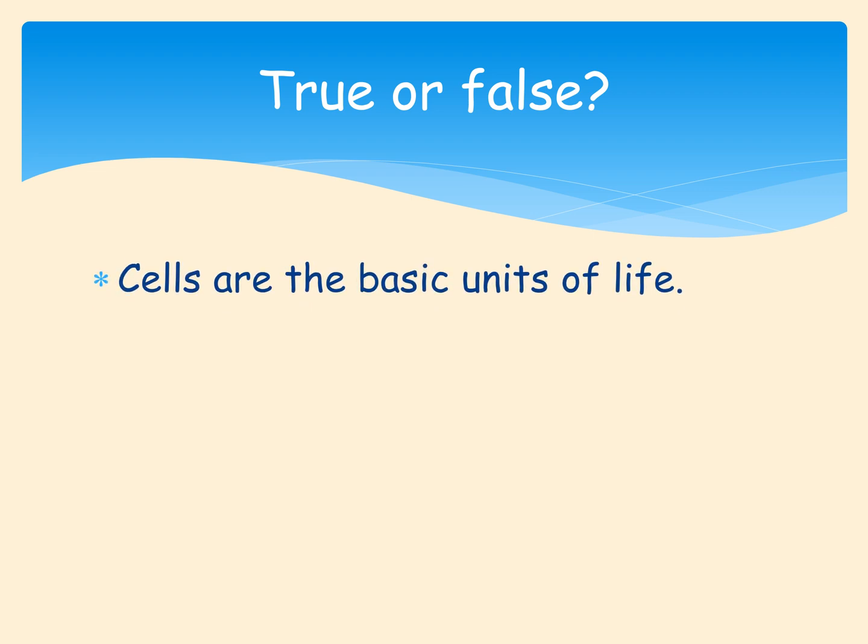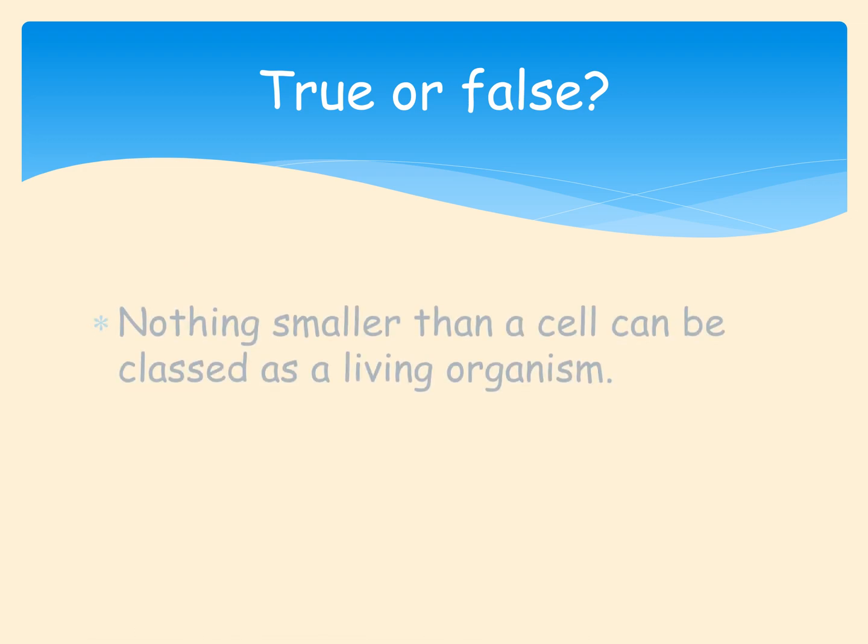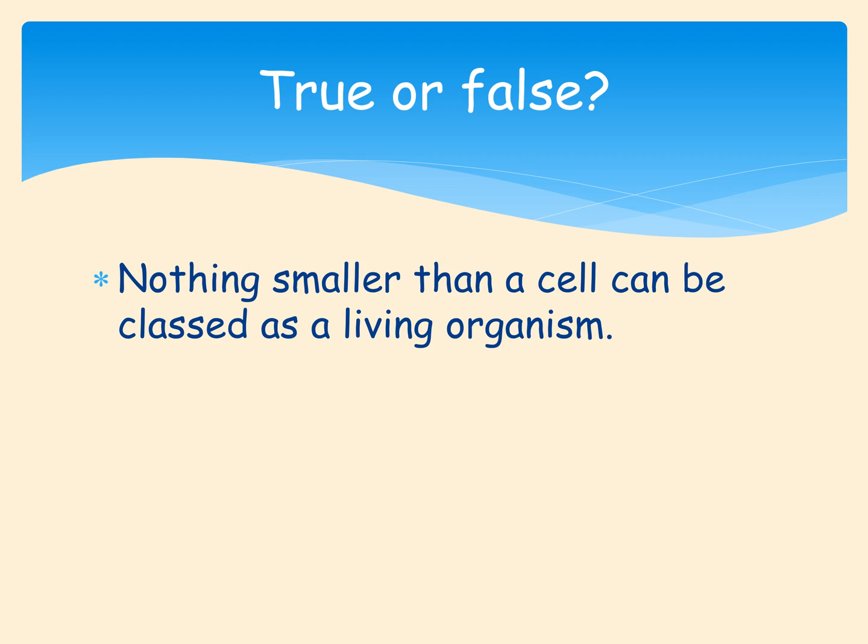Cells are the basic units of life, so do you think that's true or false? The answer is true, cells are the basic unit of life. The next question is, nothing smaller than a cell can be classed as a living organism. Whether you think that is true or false, write that down and then I'll tell you the answer. The answer is true.